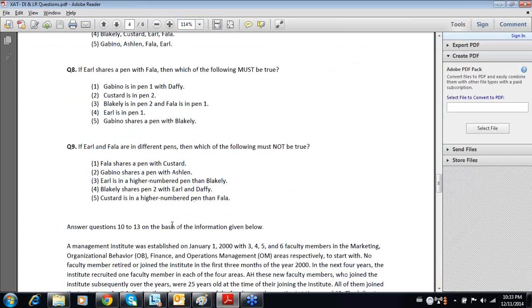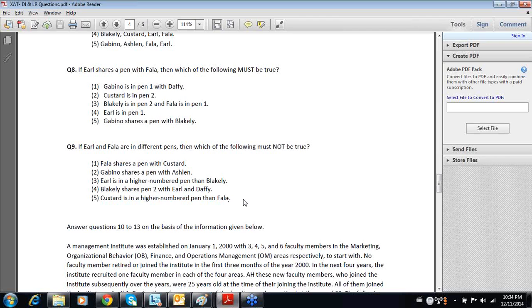So option 1 is not correct. Then G shares pen with A. Again, if you see all the options, you'll find only option number 5 will be must not be true.